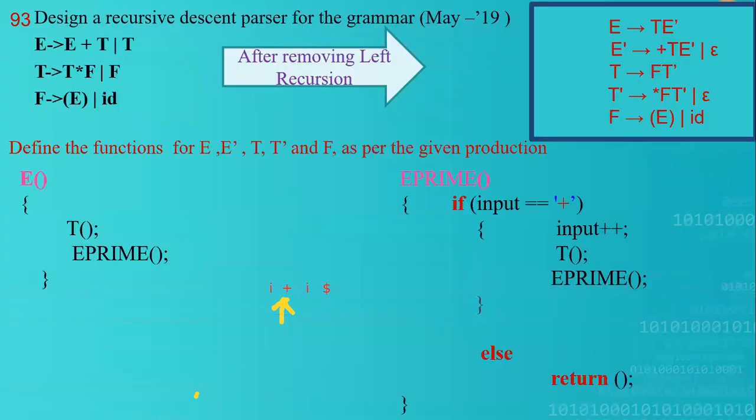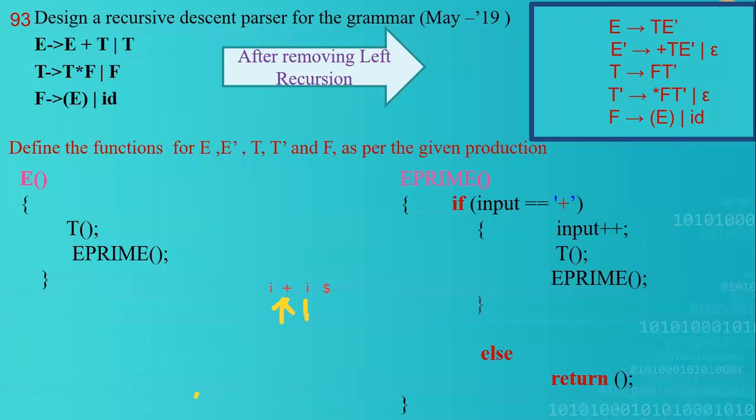Okay, so here we have the function E. Again, the second function is E prime. Again, it will call E prime. Now we have E prime. It will check whether our input pointer is pointing to plus. So here our input pointer is pointing to plus. Yes, it is. So now I will increment my pointer to the next location.